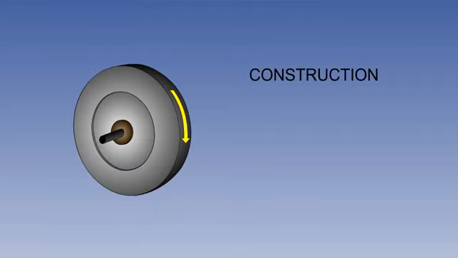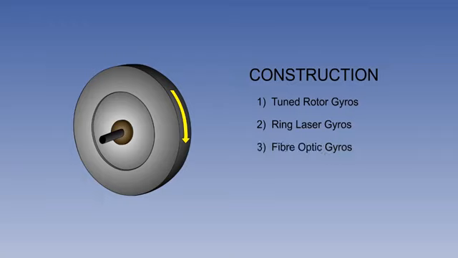When it comes to classification by construction, there are 3 types of gyro in this classification. They are tuned rotor gyros, ring laser gyros, and fibre optic gyros.